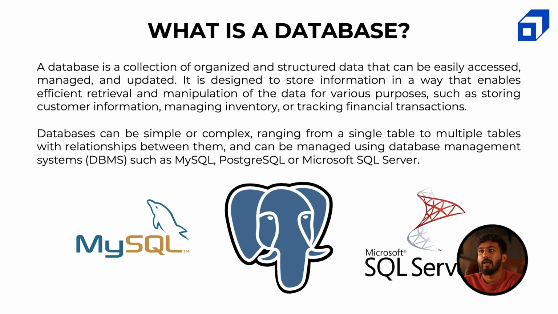For example, any website or any application you use has to have a database. If you use a food delivery application and you're seeing a bunch of restaurants on it and various menu items in a particular restaurant, all of that information is stored in a database, and whenever you open the application, that's when they retrieve that information and show it on your feed. It's not always stored in the application, because if all that data and all those images were stored in the application itself, then all of it would have to be stored in the local storage of your phone, and that would not be efficient.